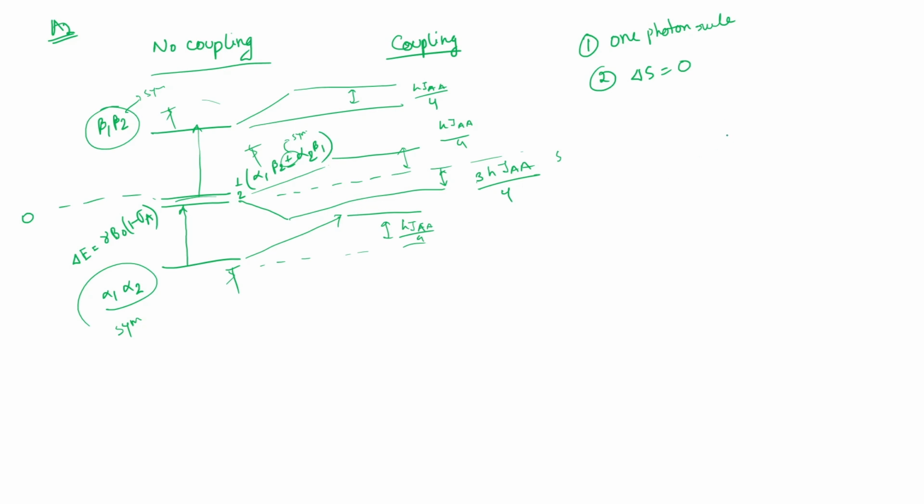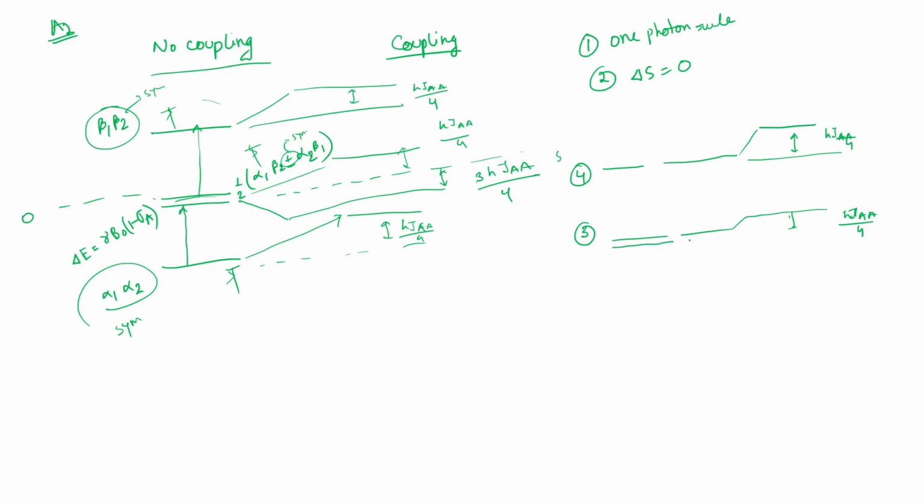So let me draw a nice picture of the patterned one. So that is the fourth one, patterned by J by 4. The third one, patterned by J by 4.